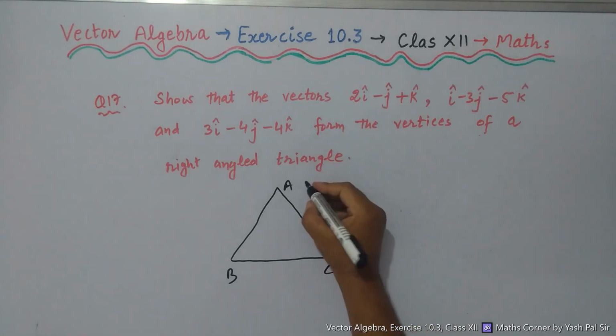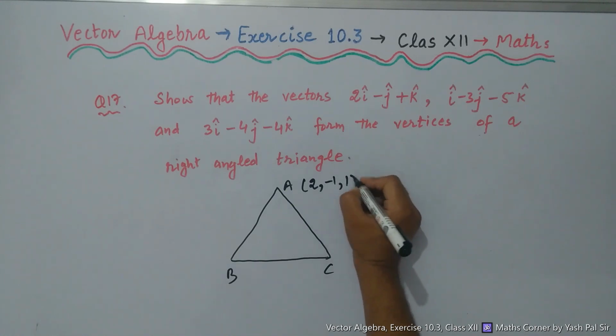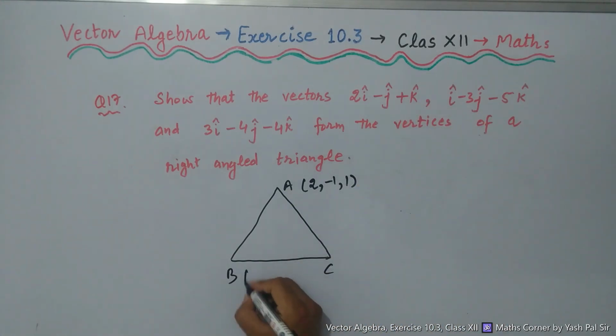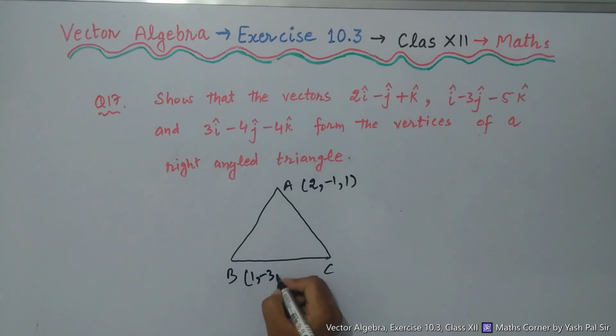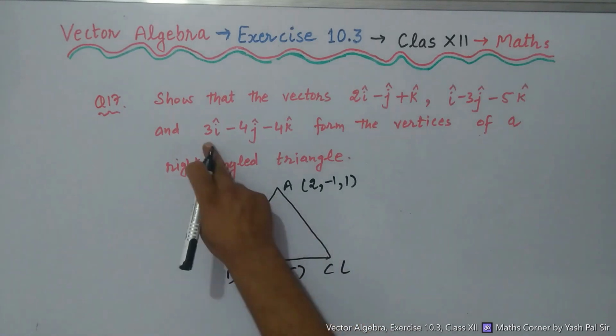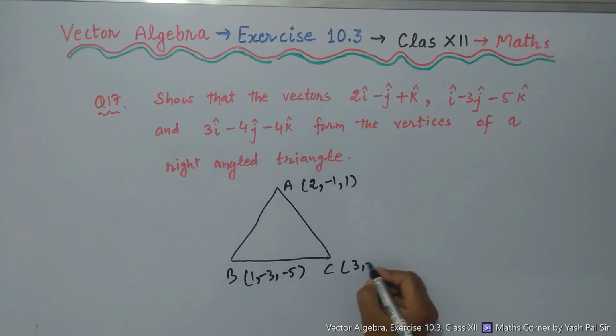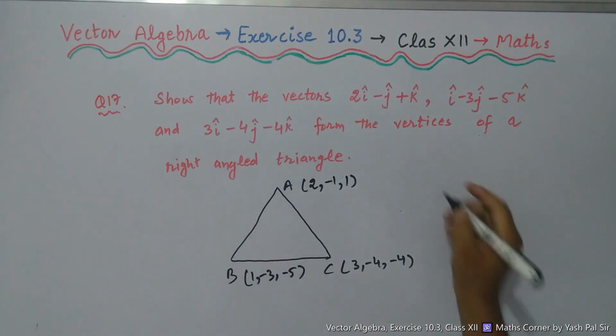A is (2, -1, 1), B is (1, -3, -5) and C is (3, -4, -4). So again we find AB.